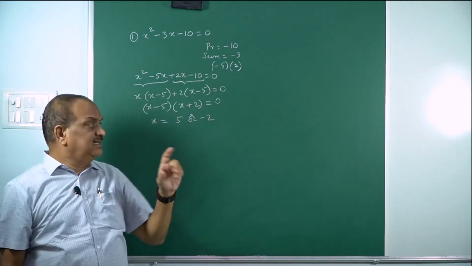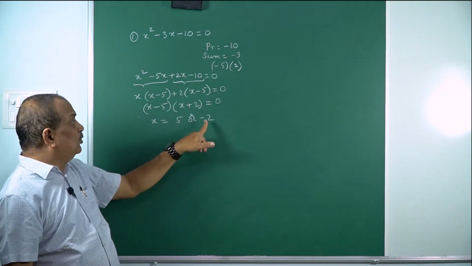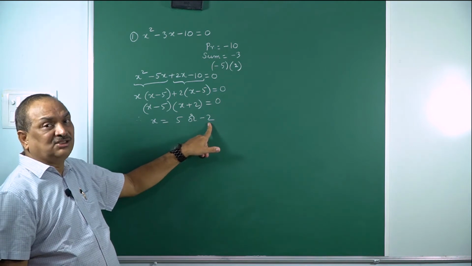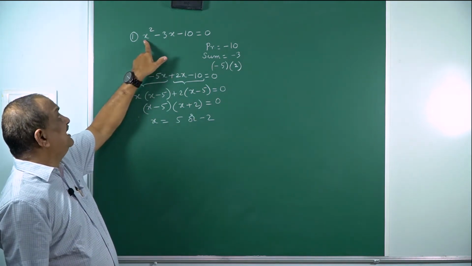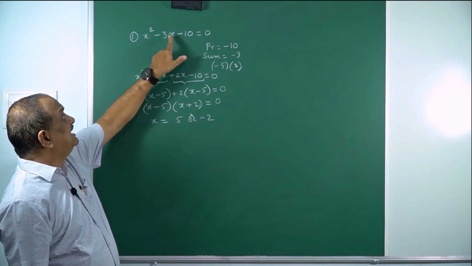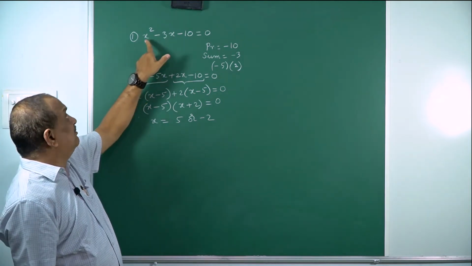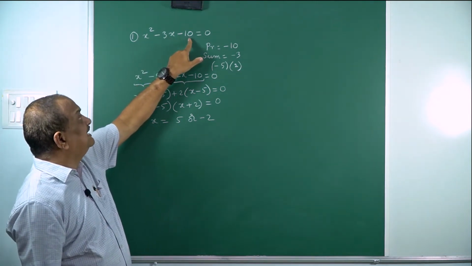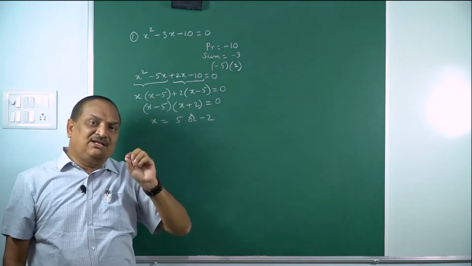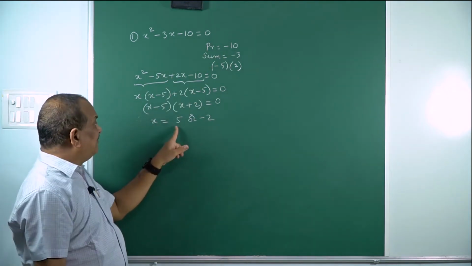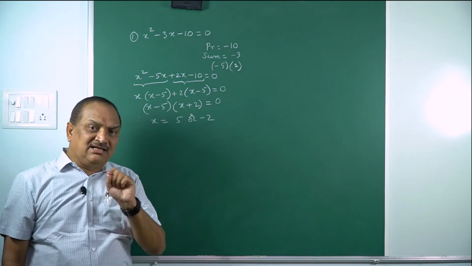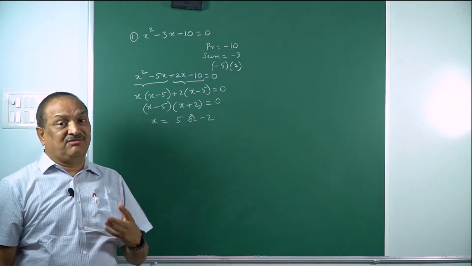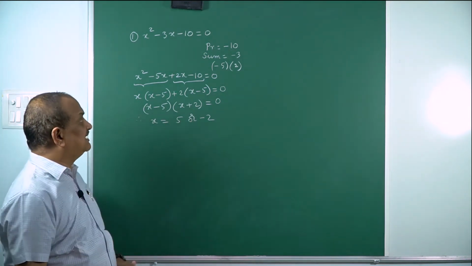So it's okay. This is one root. Look at the second root, minus 2. Minus 2 whole square is plus 4. Minus 3 into minus 2 is plus 6. 4 and 6 are 10. 10 minus 10 equals 0. So whether you plug in either 5 or minus 2, the equation holds good, and therefore these are the roots of the equation.